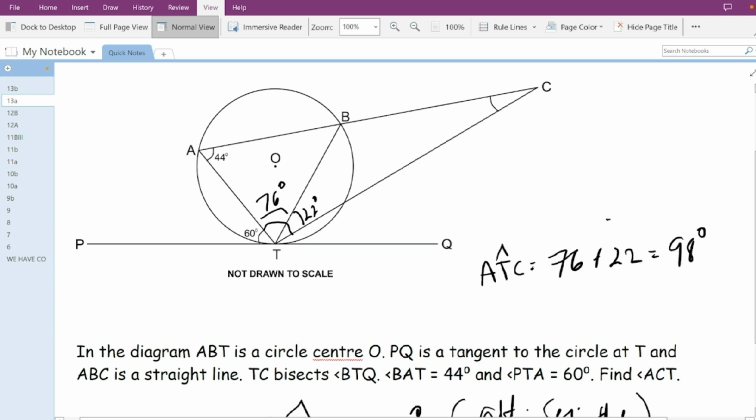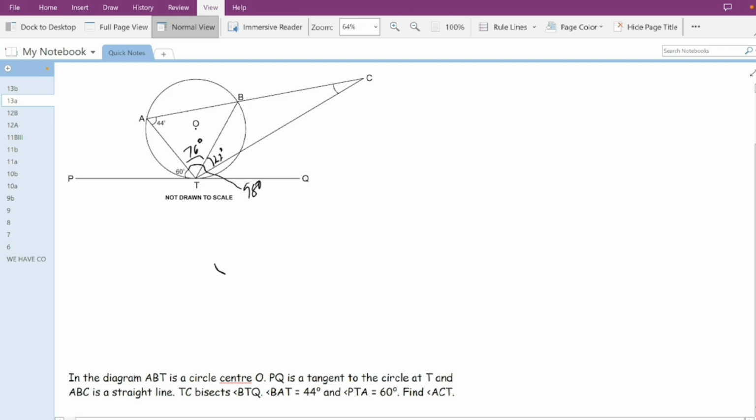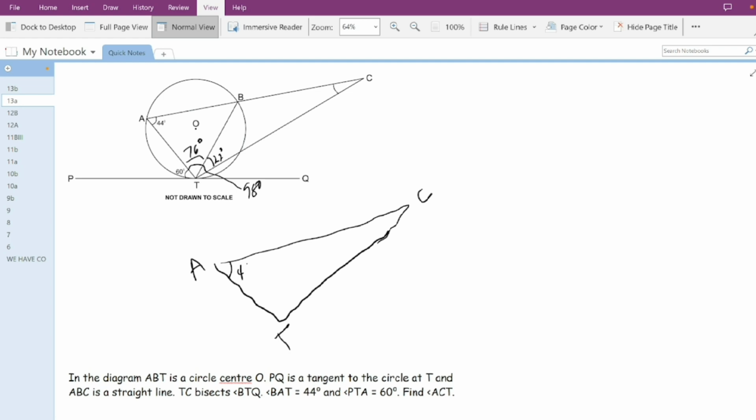Now we know this total angle here is 98 degrees. And we have this as 44. Then we can find C. That's ACT. We can find this is a triangle. Considering this triangle, maybe we'll draw for us to understand. That means we have something like this. This is our C, this is our A, and this is our T. We have this to be 44.